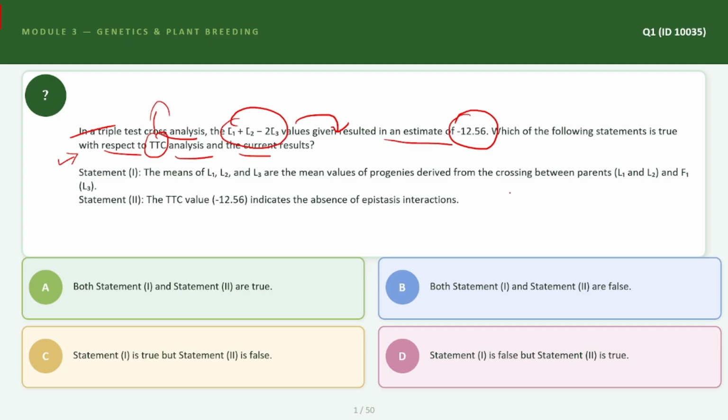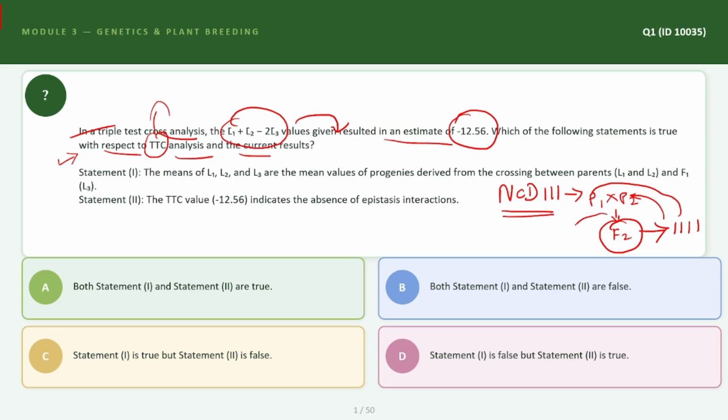In a simple way, it's an extension of North Carolina design 3, where we cross parent 1 and parent 2 and develop an F2 population. We select some genotypes randomly and cross them with P1 as well as P2.